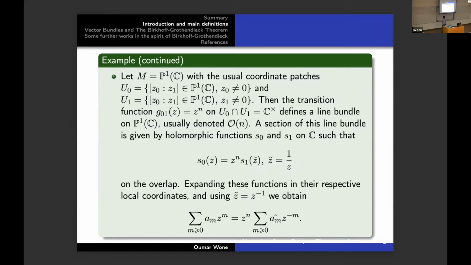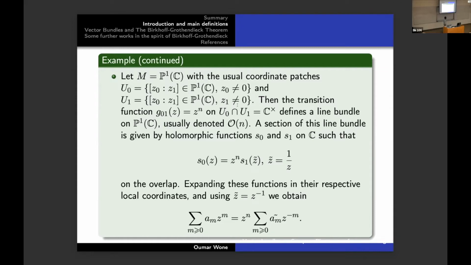A section of this line bundle is given by holomorphic functions S0, S1 on C, such that on the intersection we have S0 of Z equals Z^N S1 of Z tilde, where Z tilde is 1 over Z on the overlap. Now we expand S0 and S1 in power series by using Z tilde equals Z to the power of minus 1.